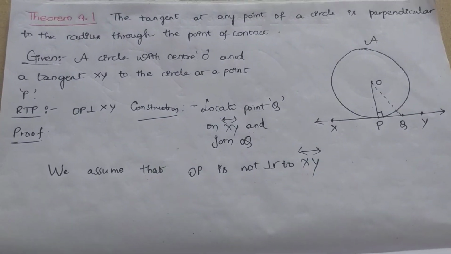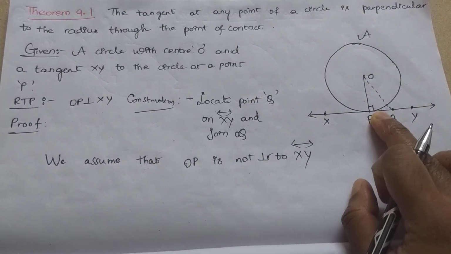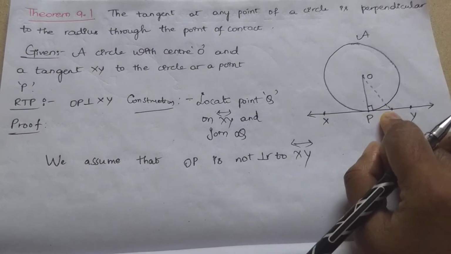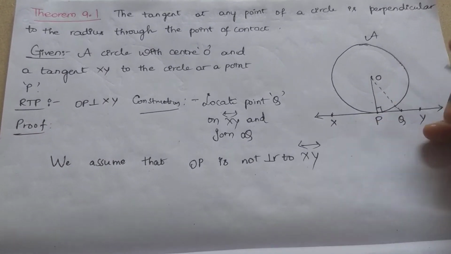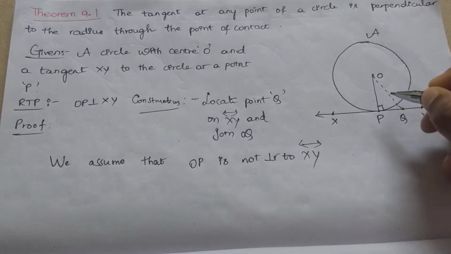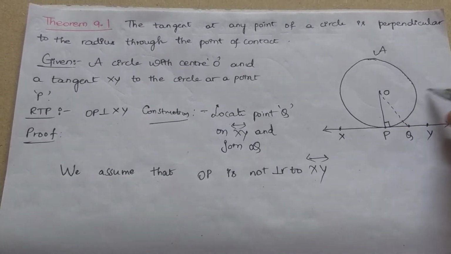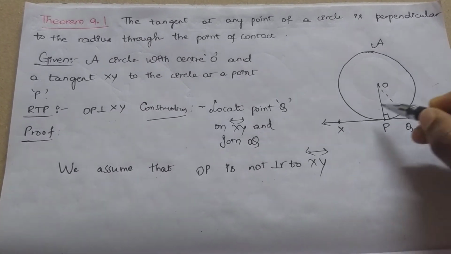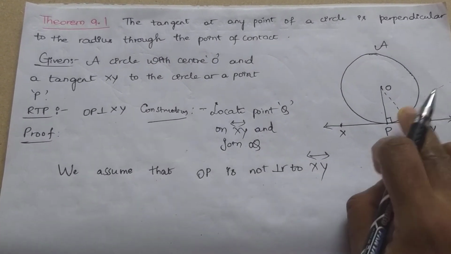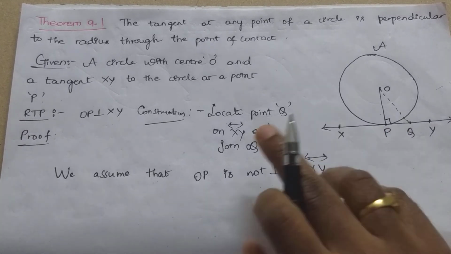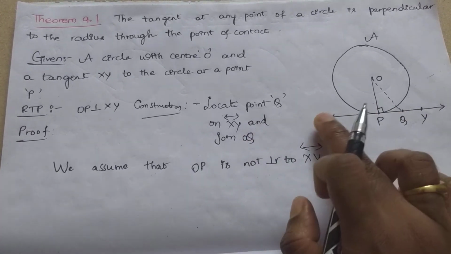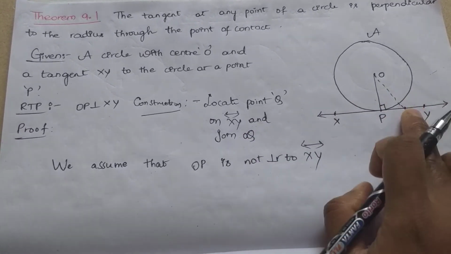So here in the construction, why did I take the point Q outside of the circle? Because if I take the point somewhere inside the circle, then when I join the point through Q inside the circle, this line XQ will become a secant to the circle. It will not be tangent. So that's why under construction I have taken a point on the line XY outside of the circle.